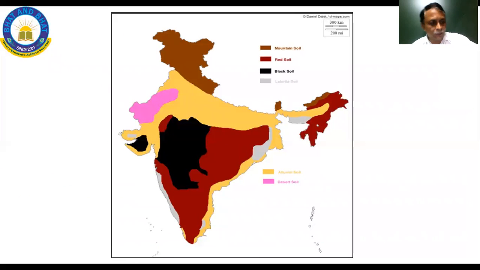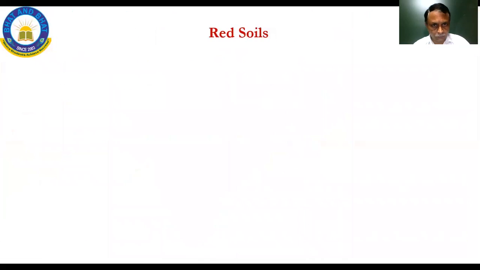This is not part of the textbook actually, where these other types of soils also are given. Where you have the mountain soil. But to easily identify the 4 main types, alluvial, black, red and lateritic, it's better to remember it in individual maps. Okay, so we go further.